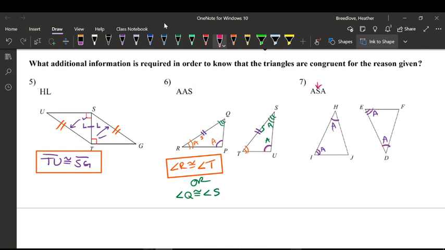So we need the side that's touching both angles. Between the two A's, we would need to put an X. So for this one, we would need to know that HI is congruent to BE. And that would prove angle side angle.